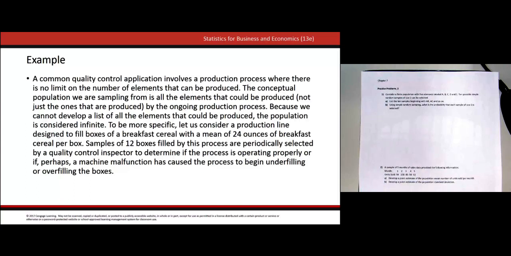So we have a production line designed to fill boxes of cereal with a mean of 24 ounces per box. The quality control inspector selects a sample of 12 boxes to see whether the process is operating properly or whether there is any machine malfunction.